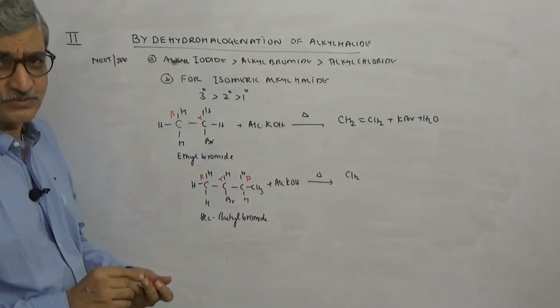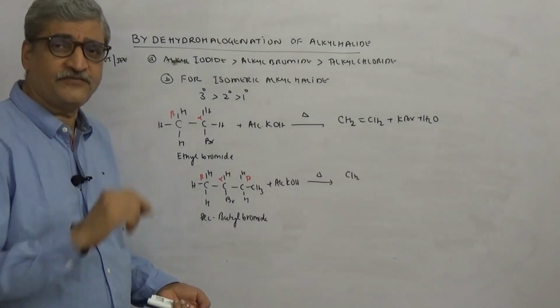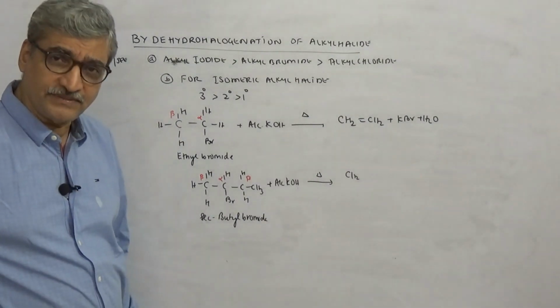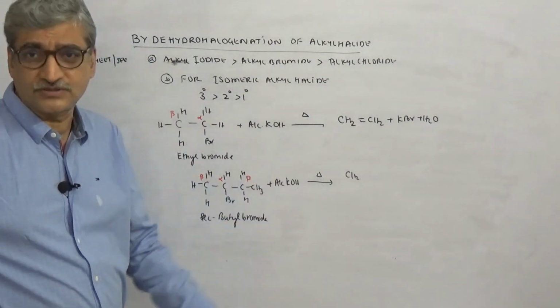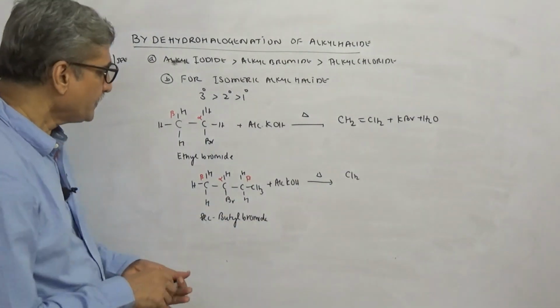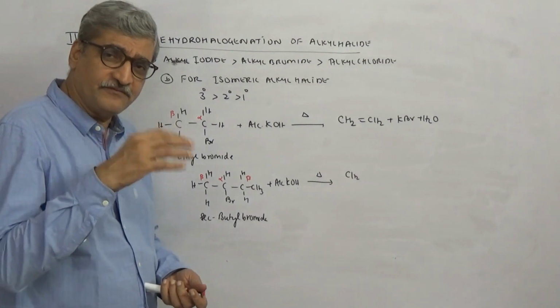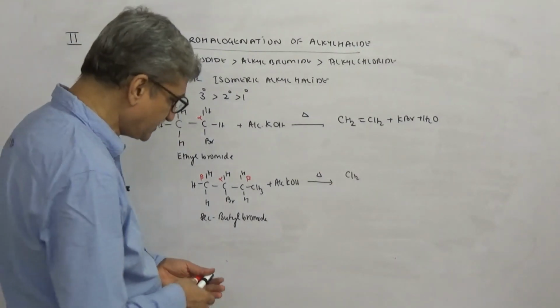So what does Saytzeff's rule say? Hydrogen will be preferentially eliminated from the carbon attached to the more substituted carbon. Is this clear? So it will preferably be eliminated from the secondary or tertiary carbon when there is a possibility.